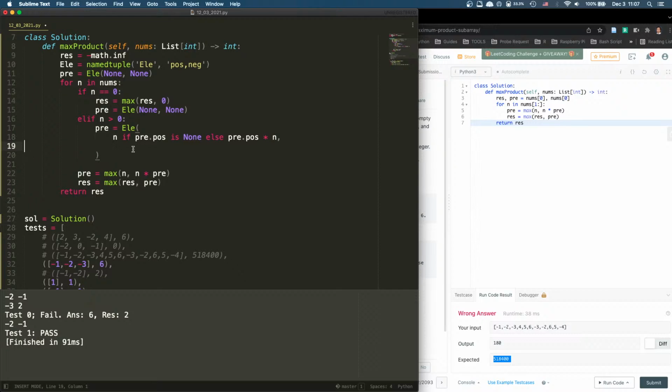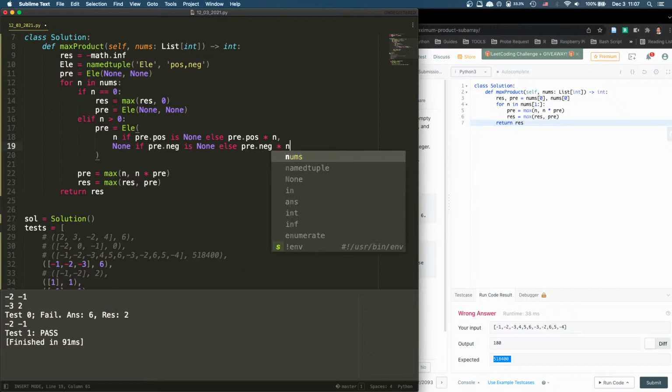Otherwise, right, for the negative, say if, pre dot neg times n if, no, we say pre negative is none. If pre-negative is none, then I'll be none, else pre.neg times n.